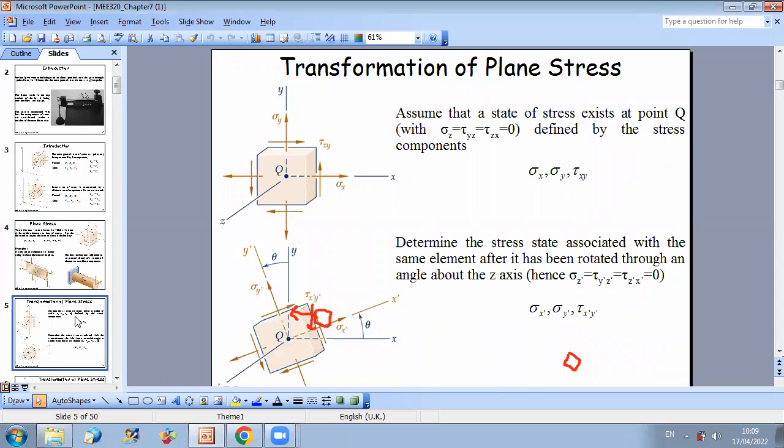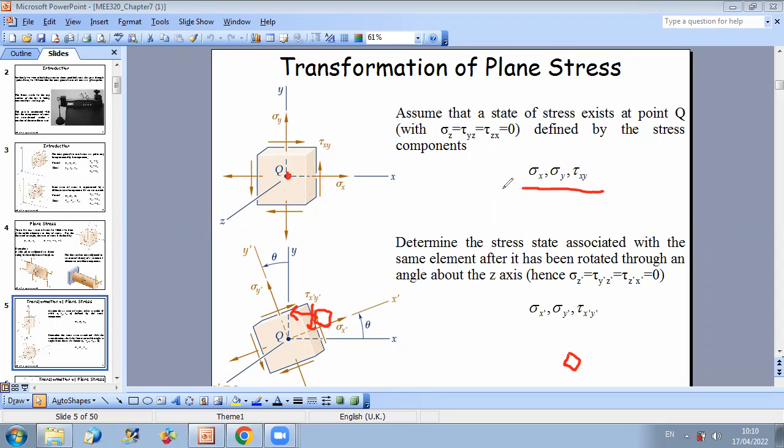Now, let us try to derive relations between stresses in different frames. So let us work first with the case of plane stress. Consider the following element. The following element is subjected to stresses in the xy plane, no stresses in z. So to define the stress state of this element at point Q, we only have to find sigma x, sigma y, tau xy.